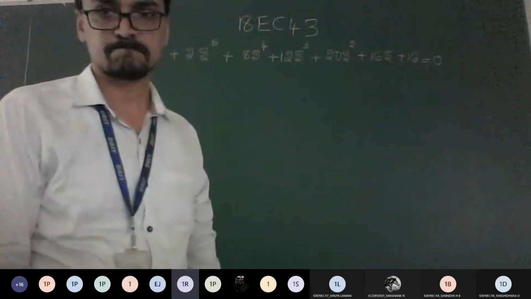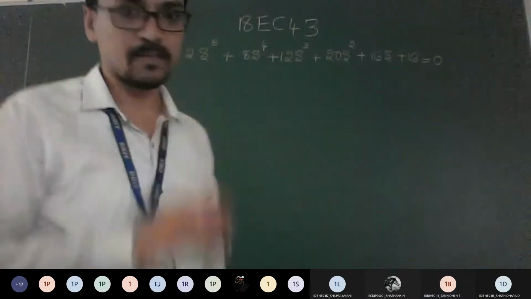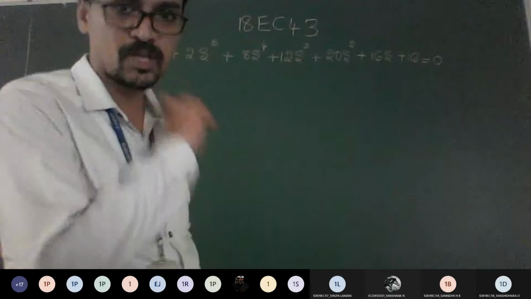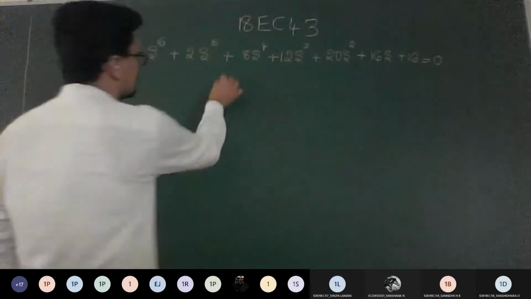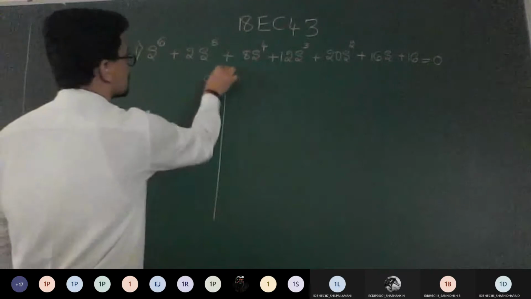Shall we proceed? Yes, sir. Now we'll stick with the procedure we learned, the Routh's concept, and write the tabular column here. The maximum power is s power 6.